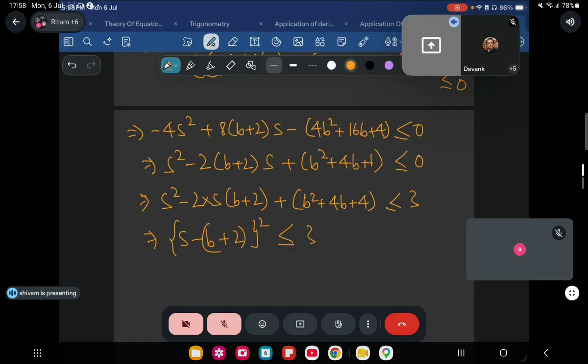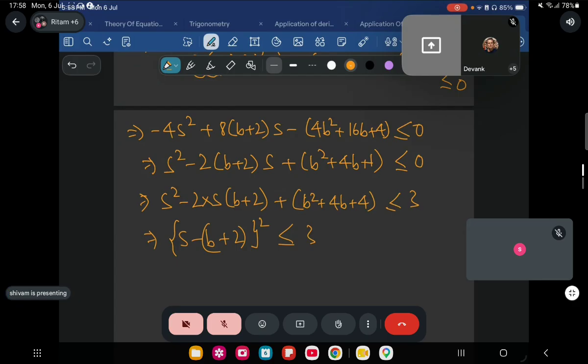Okay. Now see, you can ask, sir, why are we making it a perfect square? Why are we not finding the critical points directly? Because try to understand, over here the expression is given in terms of sin x. Sin x has a particular range. So that's why I'm not finding the critical points directly. Understood, everyone? Yes, sir.